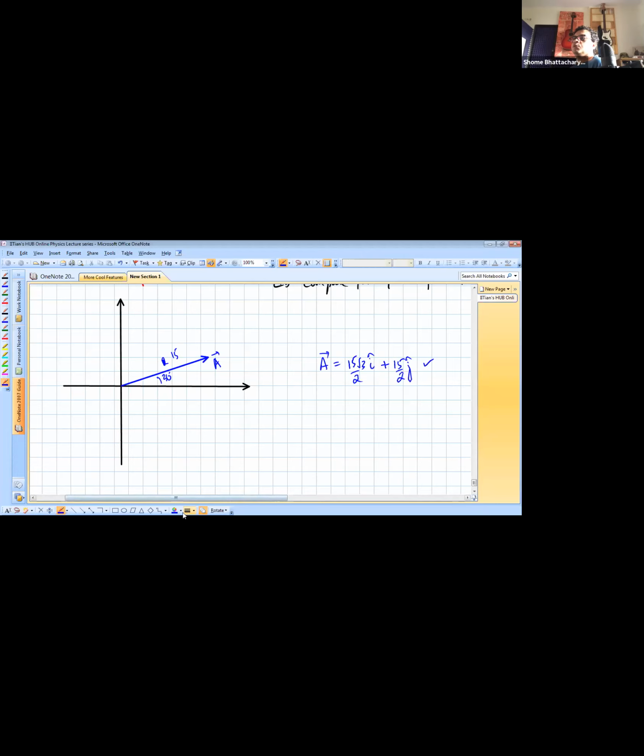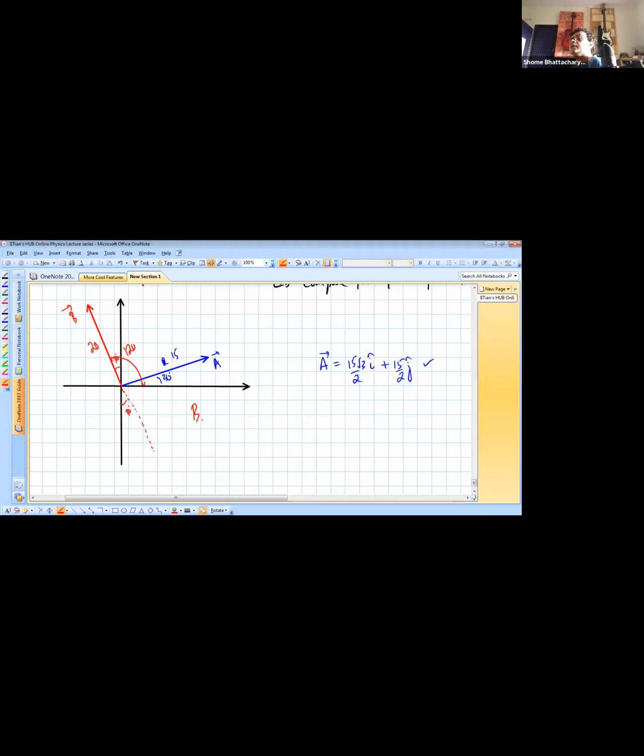Vector B is the one where you have to be a little bit careful because the vector is drawn pointing at the origin. So you have to redraw it to understand that it's actually lying like this. So vector B is like this, where its magnitude is 20, and it was along this line, where this angle was 30. So over here, this angle is 30. So the angle that vector B is making with the x-axis is 120.